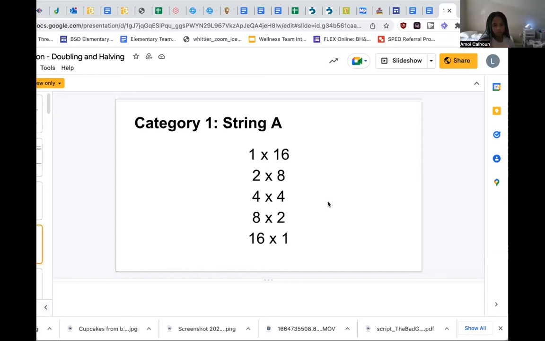I don't think so. You know, it's interesting because with that, I was just thinking about it. We always say it is the same, that you can switch the numbers around, and you can move them, commute them from front to back or back to front, commutative property. But the truth is, if you have one person in a room and there are 16 cupcakes, how many cupcakes does that person get? 16, right?